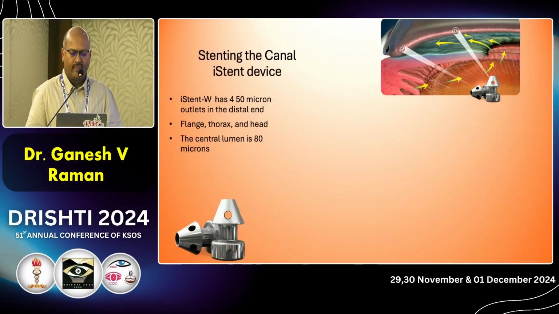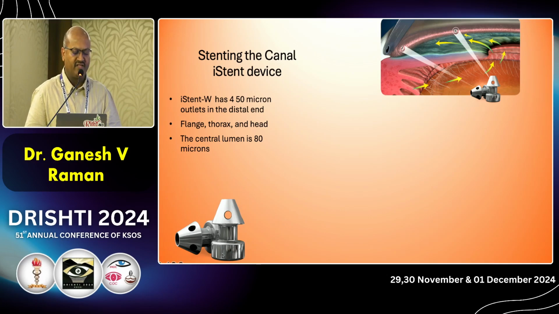So stenting the canal was the first prototype device, which was launched way back almost 2007, and this is the second generation. You can see that the device is like a collar stud. So it has a flange, and then a thorax and a head.